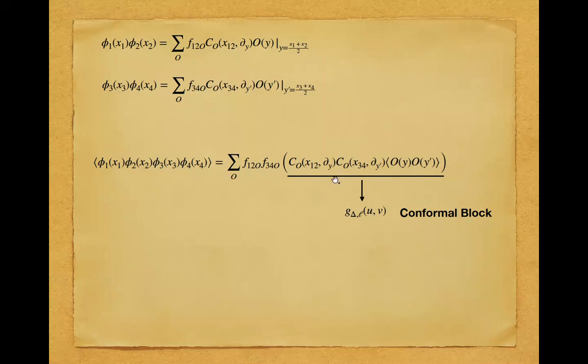What I'm showing you right now is a partial wave expansion of the 4-point function. So you have some function, in principle this g delta L of u comma v, and therefore you are expanding the 4-point function in this known basis of functions, which we are calling conformal blocks here.